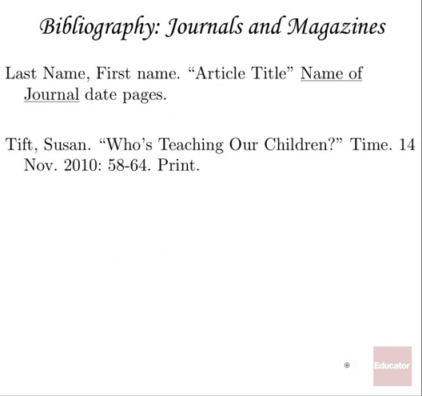Now we're getting to journals and magazines, and we cite these similar to how we cite essays in a book. We have last name, first name of the article author, article name in these little quotation marks, and then the name of the magazine or journal, the date it was published, and the pages. No need for a publishing house, but we do need the date it was published.